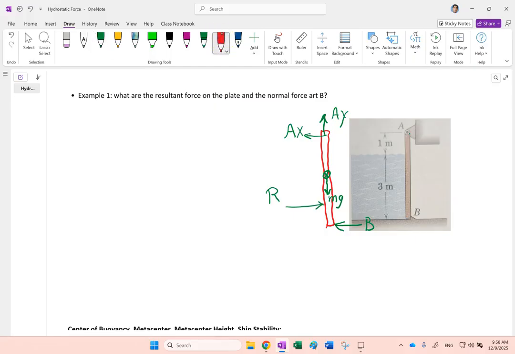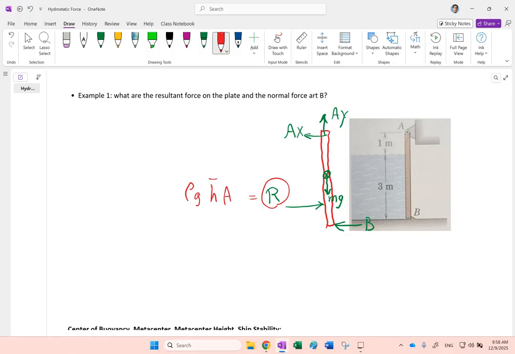Okay, what do I do now? First, how much is R? Based on the formula I showed you, this is equal to rho times g times h bar times A. So if I know where the centroid of the body of water is, and then multiply that by rho g A, that will give me all I need.